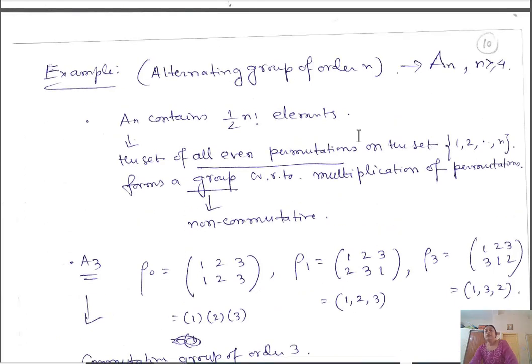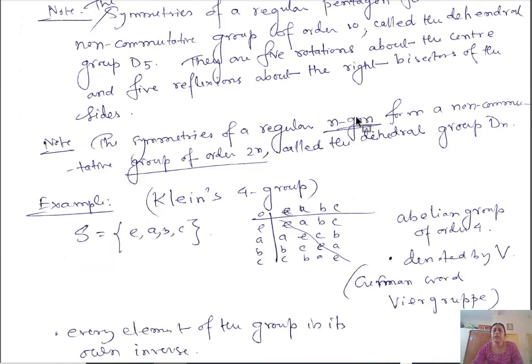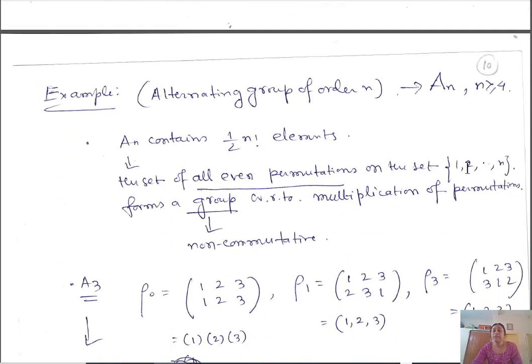Earlier we have considered the set of all permutations, and out of them the permutations that correspond to the symmetries of a regular n-gon. If you consider the symmetries of a regular n-gon, this essentially gives you a subset of these factorial n permutations.